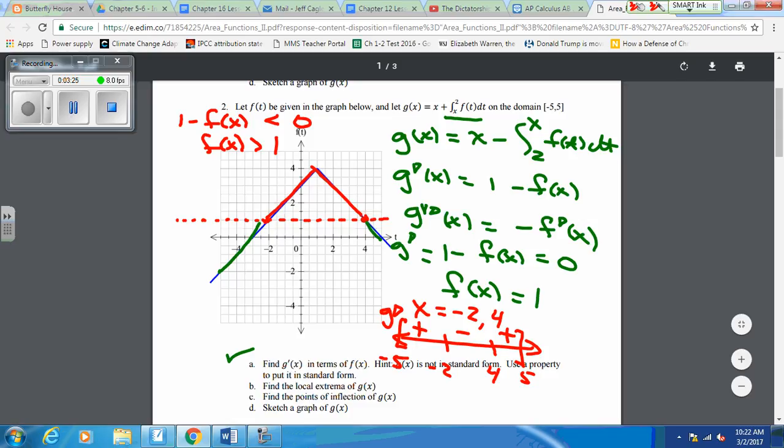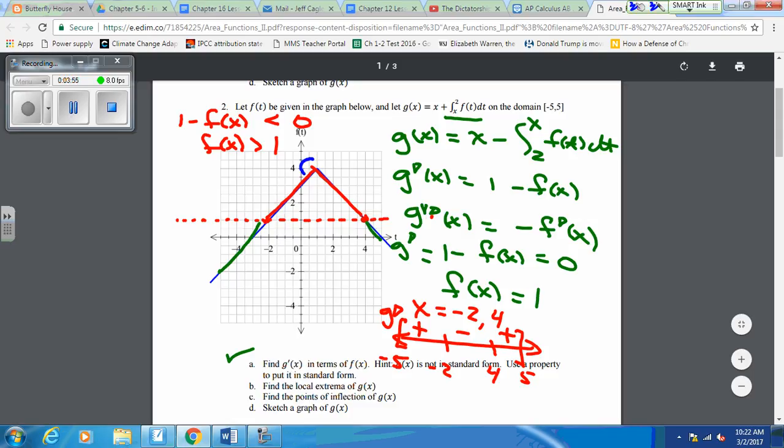Find the points of inflection of g of x. The points of inflection are going to be places where g double prime changes signs. Remember that we had 3 ways of visualizing that. G double prime changes signs, g prime has maxes and mins, and g goes through its tangent line. Since I'm looking at a graph of g prime, looking for maxes and mins makes a whole lot of sense to me.